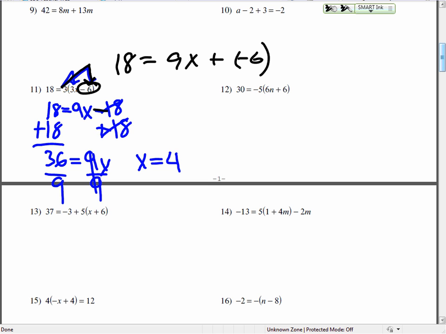Negative 18. Ain't that a lot easier? Now, that's easier for me. Who cares what's easier for me? My brother, if you find it easier to go plus a negative, then God bless you. There's nothing wrong with that, sir. Yes, so you have a question? Okay. Does that make sense, boys?